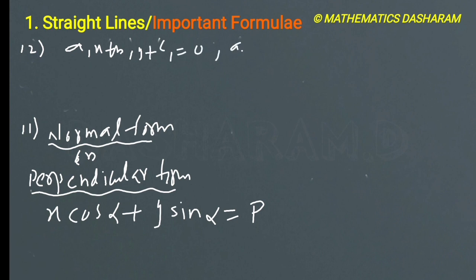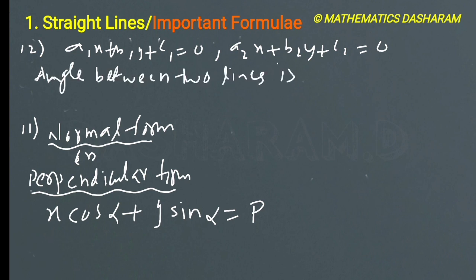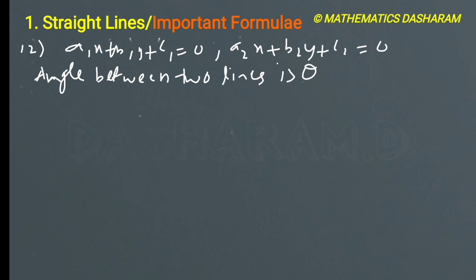Next, the 12th one is, let two lines be a1x plus b1y plus c1 equals 0. The second line is a2x plus b2y plus c2 equals 0. Then the angle between these two lines is denoted with theta. To find the theta value, we have two formulas.